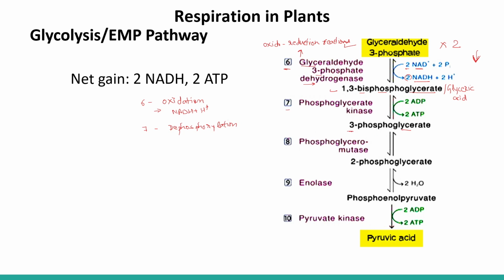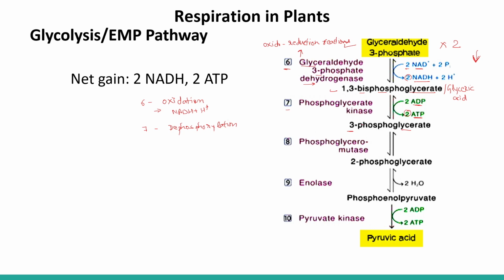You can see there is one less phosphate here. This phosphate is accepted by adenosine diphosphate, and ADP is converted into adenosine triphosphate, ATP. So again, 2 molecules of ATP are generated here.